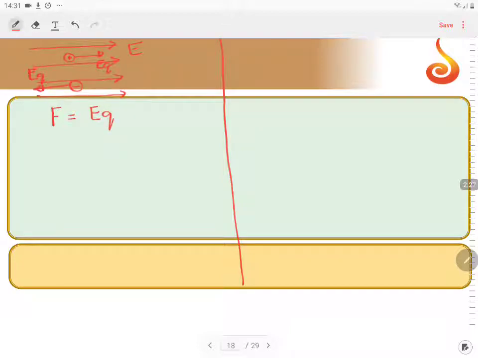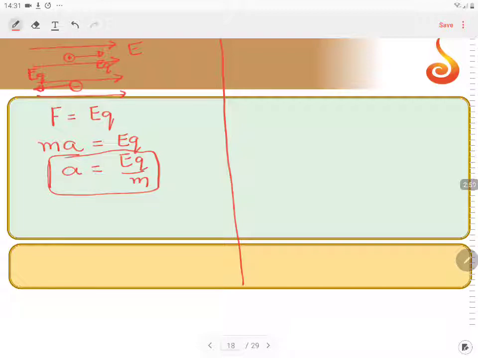So if there is only one force acting on this charged particle, then we can write F equal to ma, that is equal to EQ. So the acceleration on the charged particle is EQ divided by m. Remember, if the electric field is constant in magnitude and direction, then acceleration also will be the same in magnitude.